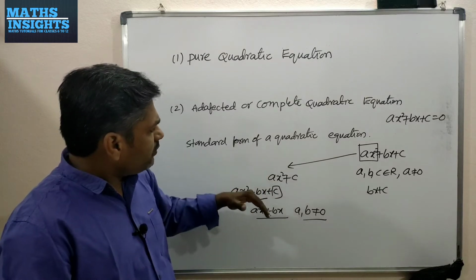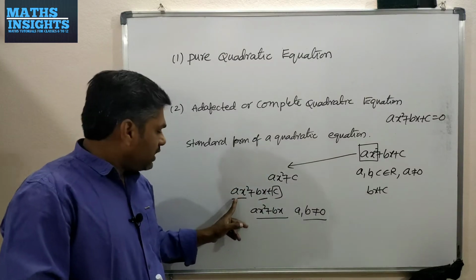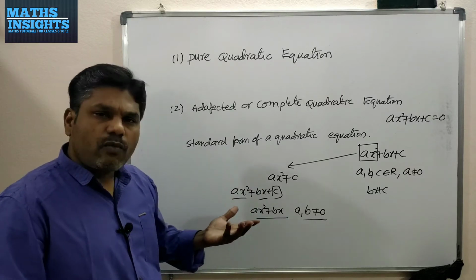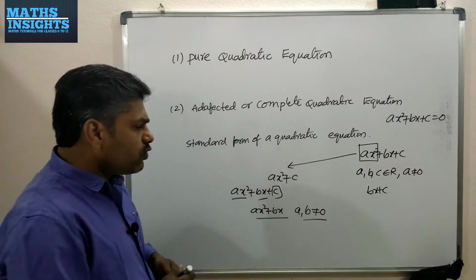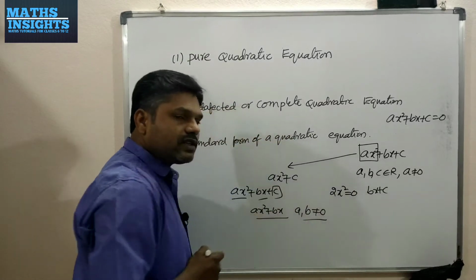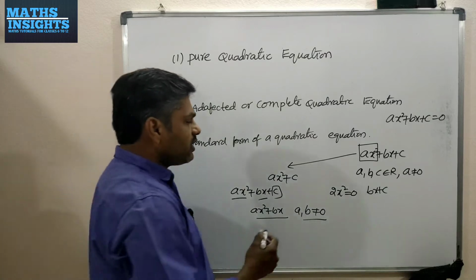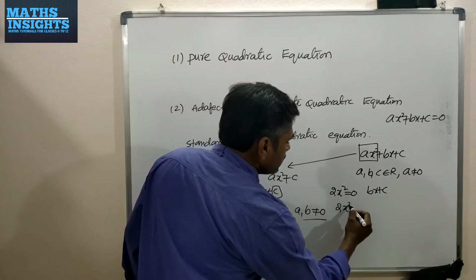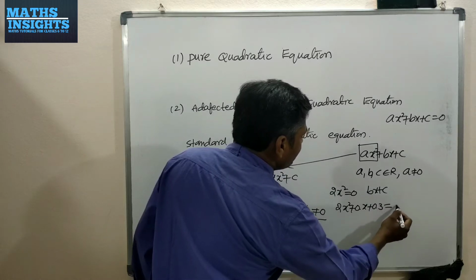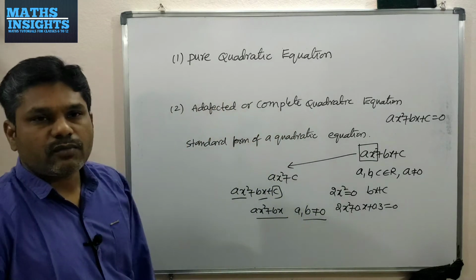In the standard form, except ax square, all may become 0. That is the standard form of a quadratic equation. Suppose 2x square is equal to 0. This is also a quadratic equation. Why? Because you may write 2x square plus 0 into x plus 0 into 3 or 4 or whatever the number may be.